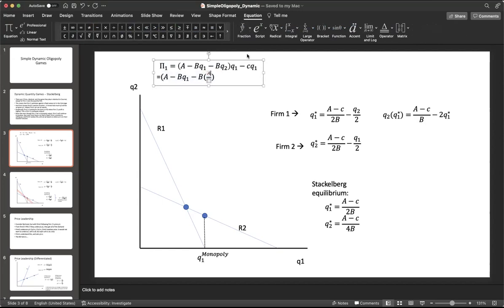This is A minus C, and this is 2B. And then this is minus Q1. Well, let's do fractions again. And this is 2. And then again, all of this will be multiplied by Q1 minus CQ.